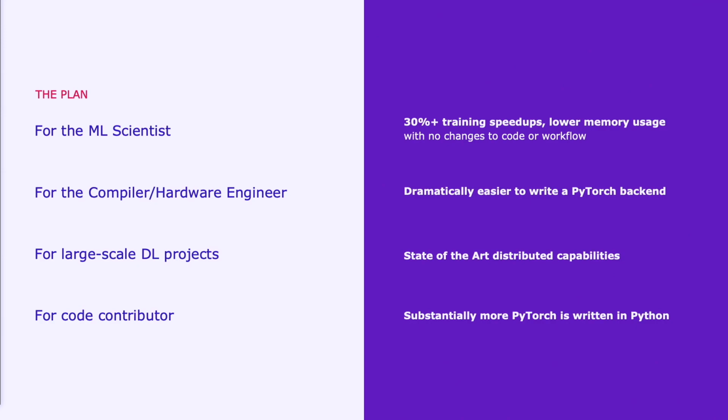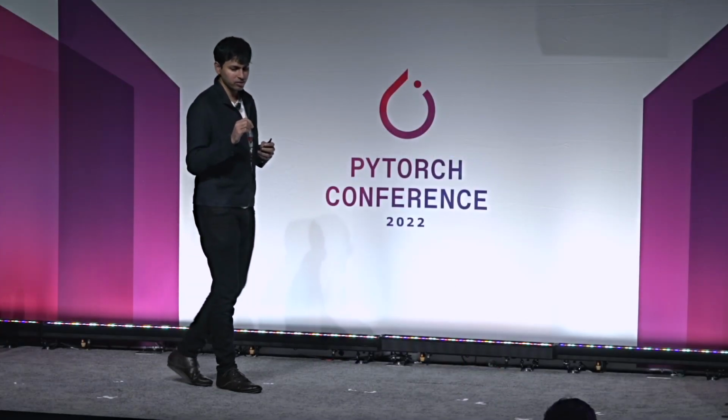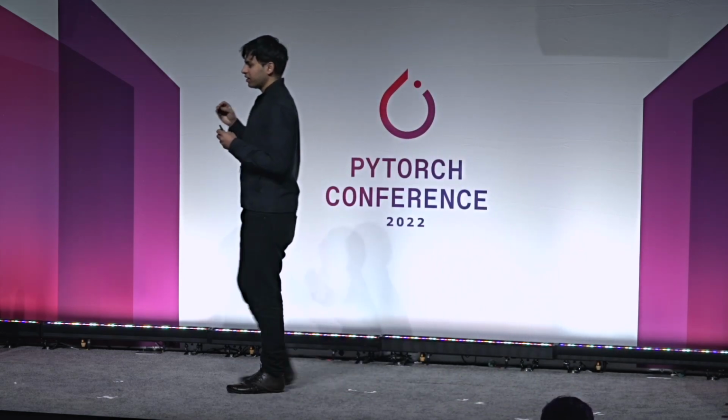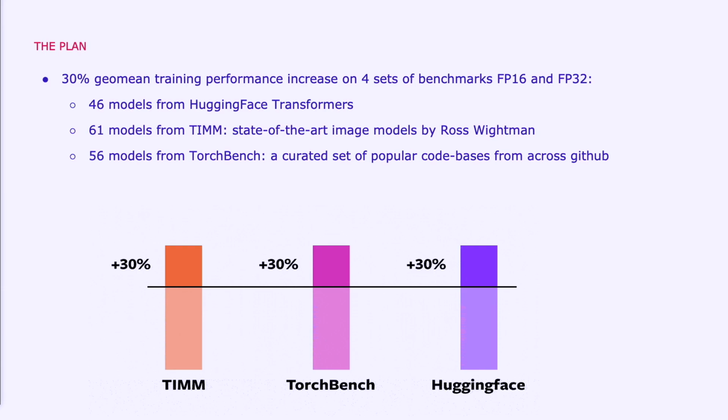This is what we set ourselves as a goal, and we were trying to think about how to actually execute on it. How do you measure that 30%? Because I can say we got 30%, and you can believe me or not. So we set ourselves more granular benchmarks: Hugging Face Transformers, some of the top models in there; 61 models from TIMM, which are state-of-the-art vision models; and TorchBench, which we curated ourselves by taking Papers with Code and taking all the top tasks in it.